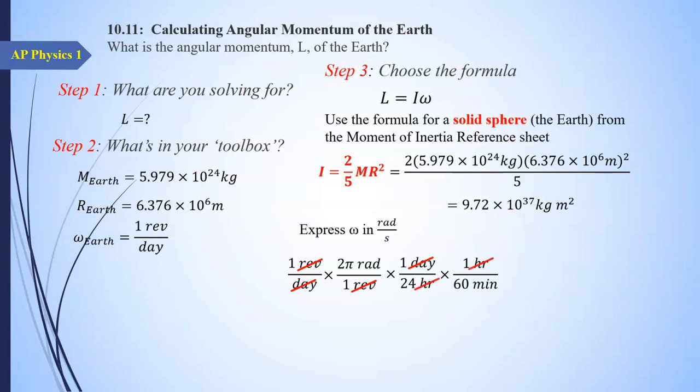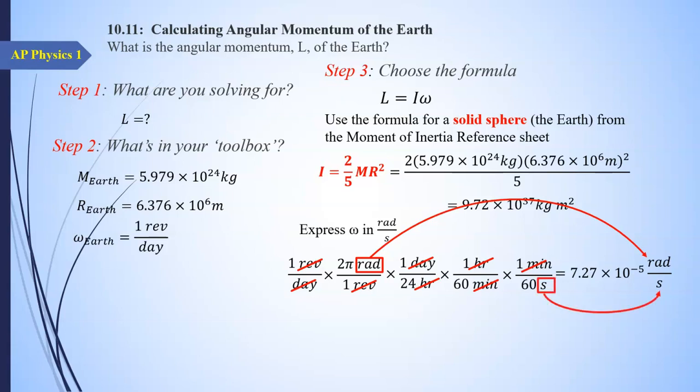So now hours cancel. There's 1 minute for every 60 seconds. So minutes cancel. And that will produce this number. You want to confirm that your units canceled properly, so you have radians at the top and seconds at the bottom. So it's 7.27 times 10 to the negative 5th radians per second is the angular velocity.